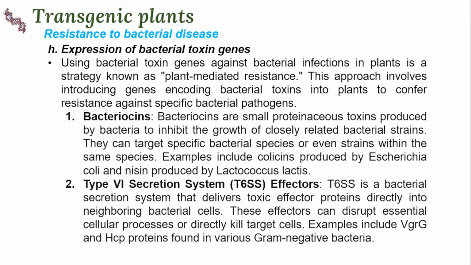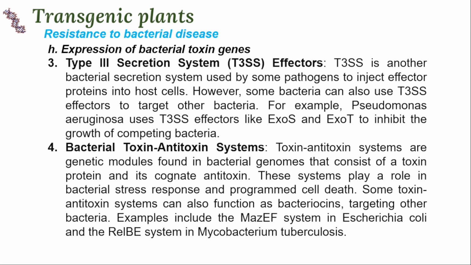So the same cross-protection mediated resistance, where one bacterium produces a chemical to defend against the opposite bacteria, will be targeted in plants. Plants will be engineered in such a way that they produce these types of bacteriocin, which will definitely prevent the infection here. And T6SS, T3SS type of chemicals also target other types of bacteria.